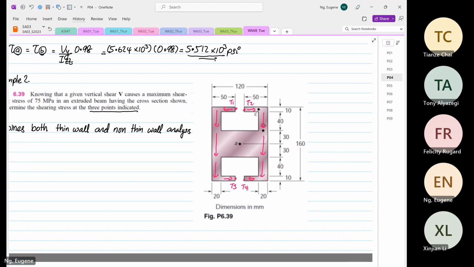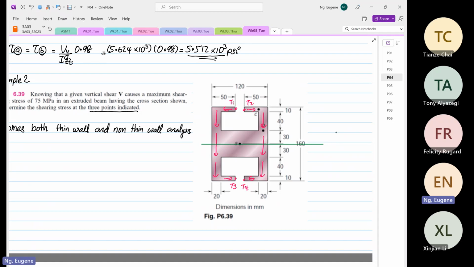Right? So if we were to sketch a centroid, by observation, we are very sure that the centroid is here because it's axis symmetry. Okay.